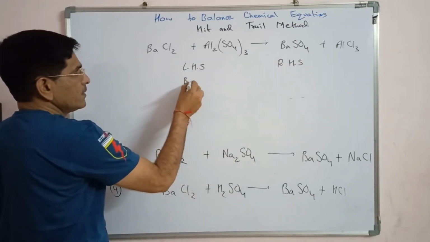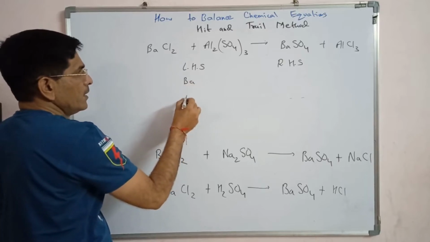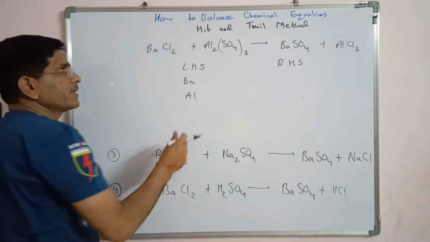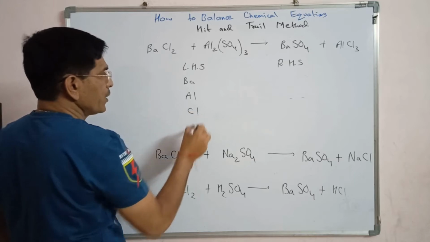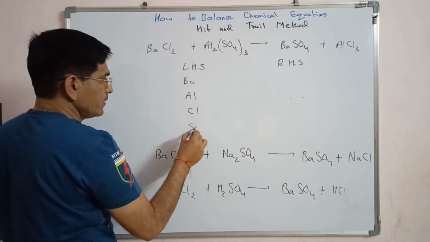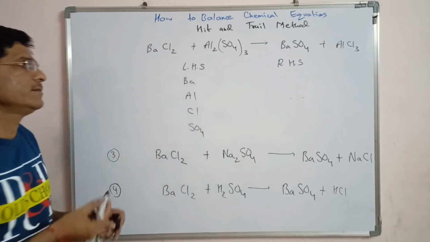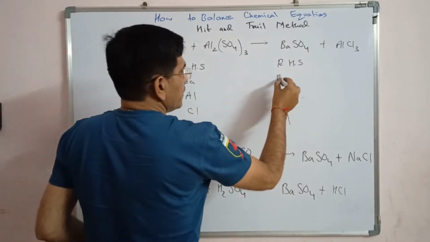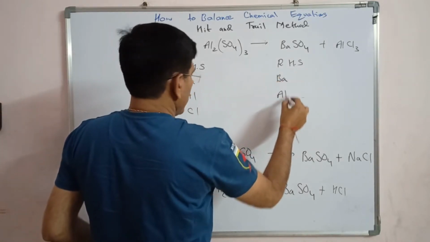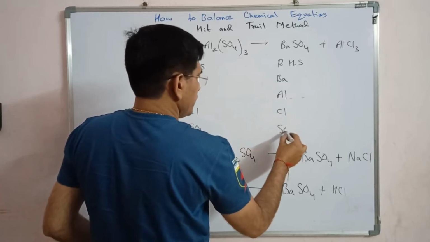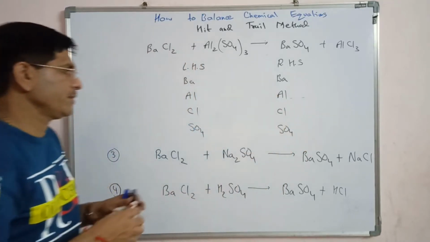Again, barium, aluminum, these are all metals. Now chlorine and sulfate. Again, barium, aluminum, chlorine and sulfate.